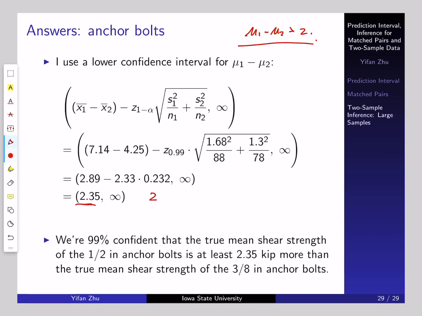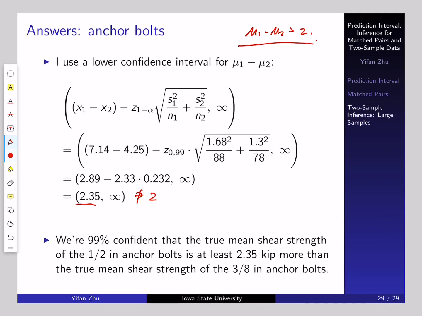So 2 is not contained in this 99% confidence interval. So this supports the previous analysis. So at significance level alpha equals 0.01, we can also reject the null based on this confidence interval.